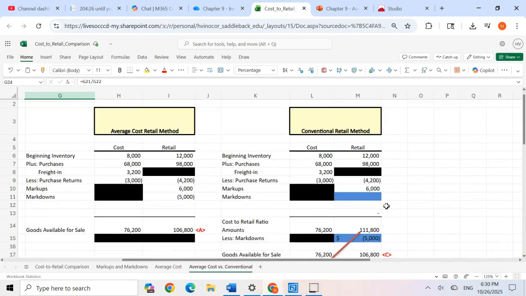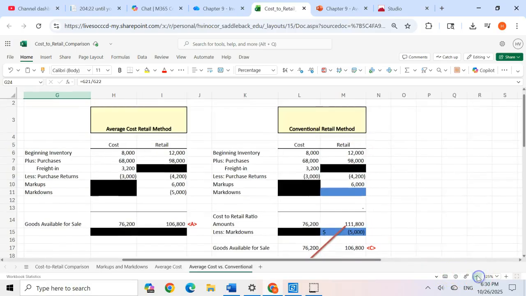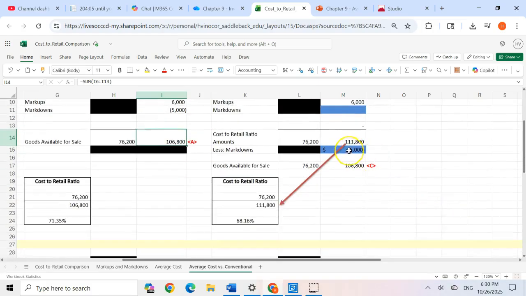When I scroll over to the conventional method, I'm going to reduce this a little bit just so we can get it all on the screen. My denominator, right, I don't have the minus 5,000 right here. My denominator now is 111,800 rather than the 106,800 under the average cost retail method.